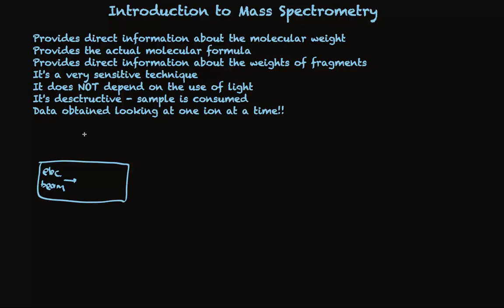A sample, which we'll call M for molecule, is introduced into the electron beam. So right here, the electrons collide with molecules of the sample.